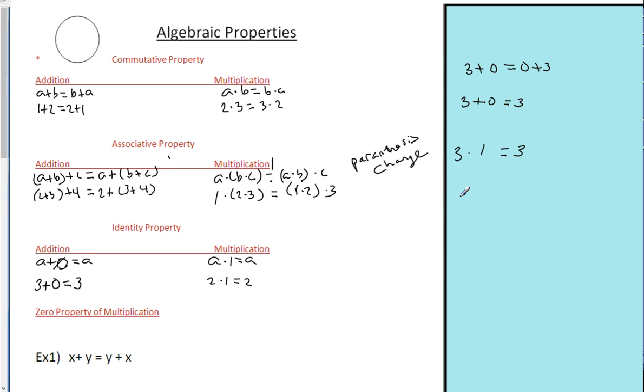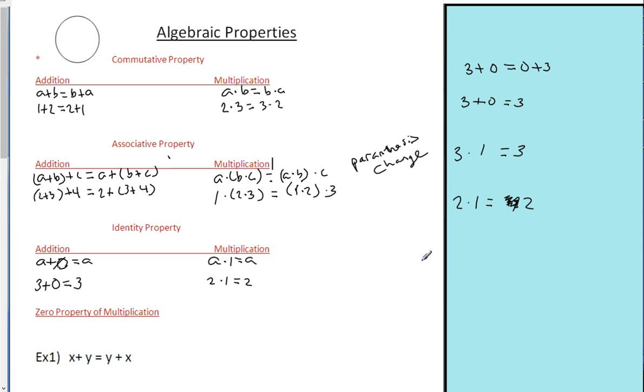And just like before, if I have 2 times 1 is equal to 1 times 2, that is not identity property. That is commutative property. What would have to happen for it to be identity? The 1 has to go away. Now it's identity property. Hope that makes sense.